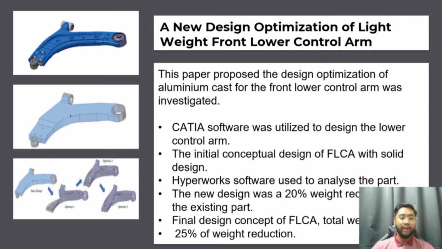The original weight was almost 3.4 kg, so they targeted a new design with a 20% weight reduction from the existing part. After they ran the optimization, the final concept design of the front lower control arm is 2.55 kg, which is about 25% weight reduction that they achieved.